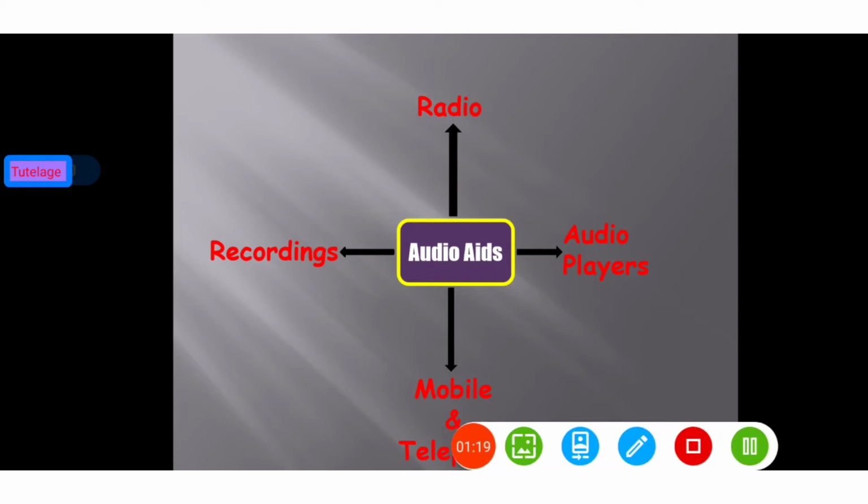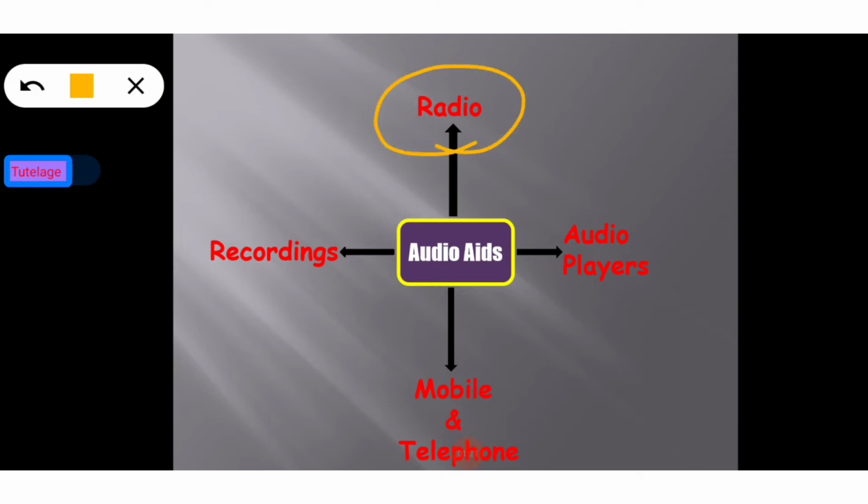The first one is radio, and radio is one of the oldest audio aids used in the teaching learning process. The use of radio for educational purposes goes back to 1927. Before independence there were 30 All India Radio centers broadcasting educational programs.